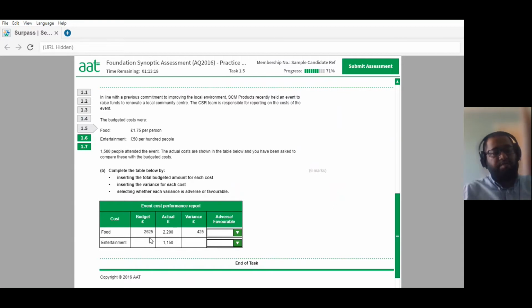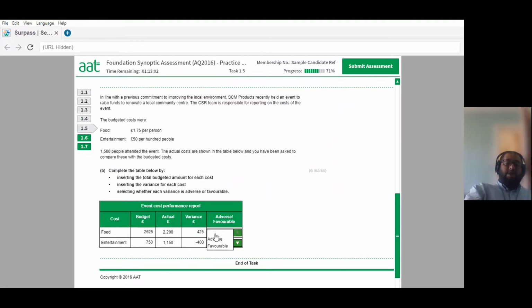That should be our entertainment cost. But how much did we pay? We paid 1,150. So take away that, your answer is going to be minus 400. So you have lost a little bit of dough there.